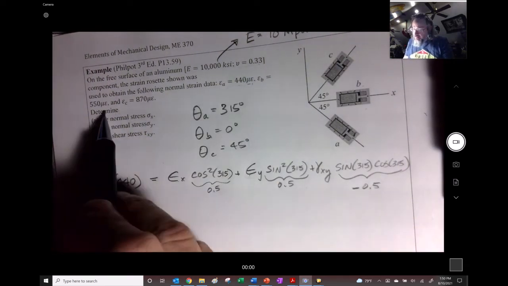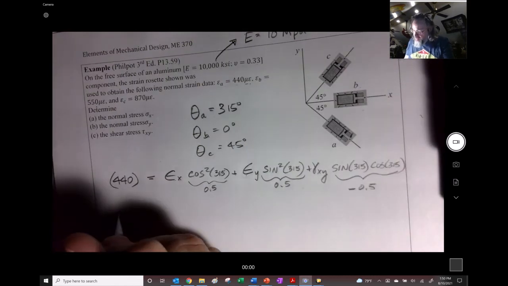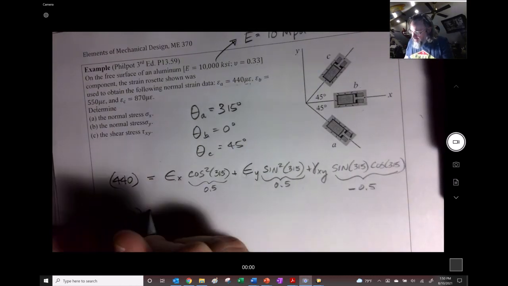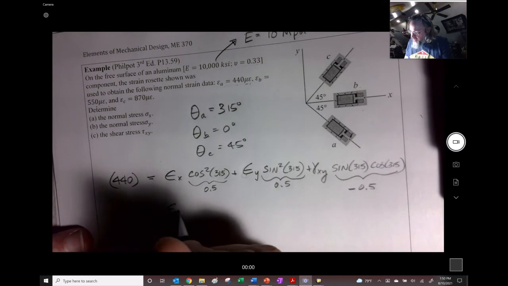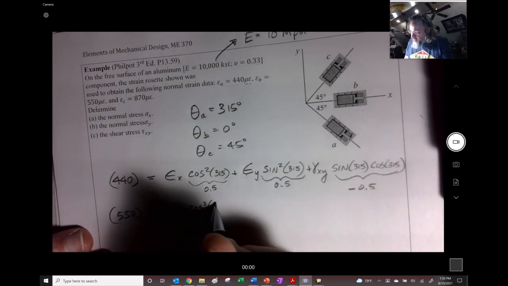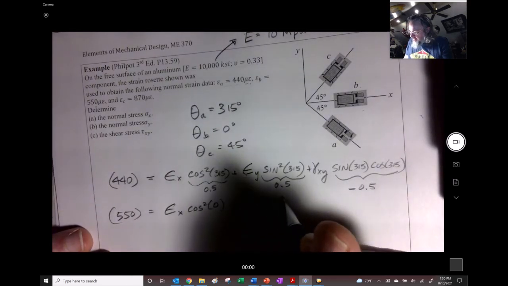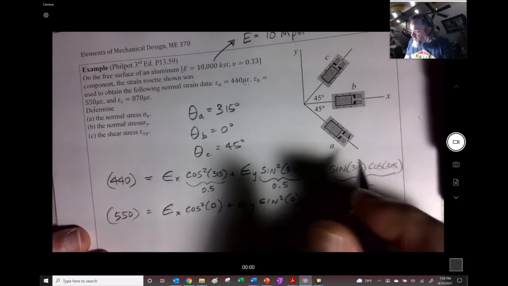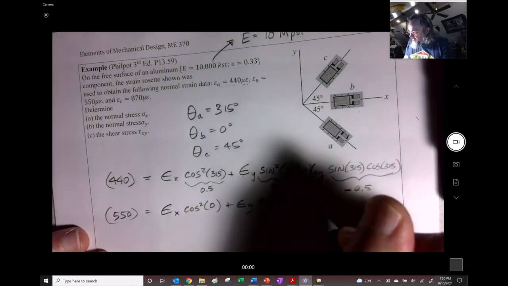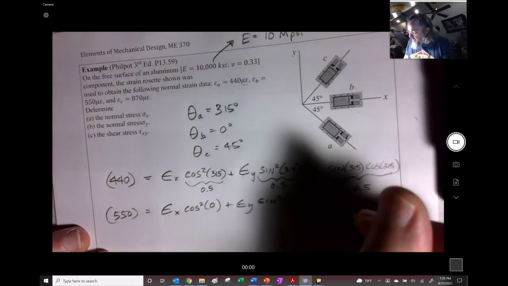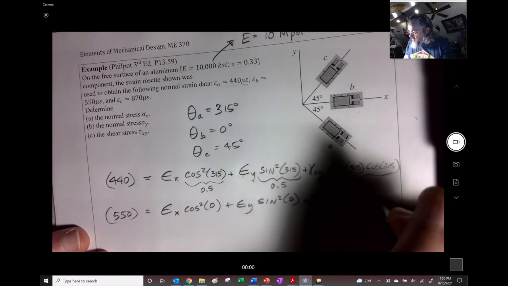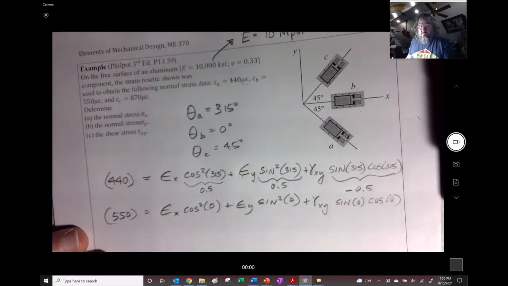B has 550. So we'll go 550 is equal to epsilon x cosine squared of 0 plus epsilon y sine squared of 0 plus gamma xy sine 0 cosine 0.